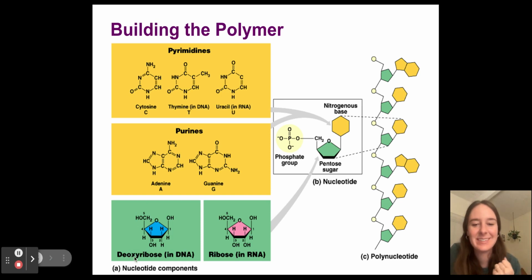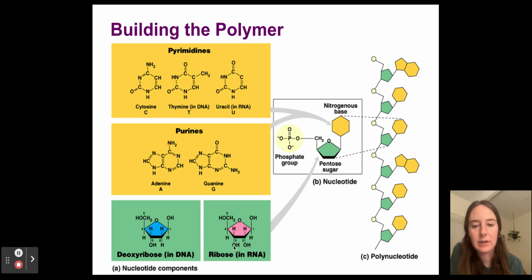Deoxy, less oxygen. Well, yeah, notice here on the second carbon, it's connected to just a hydrogen, whereas on the ribose, we've got our first carbon, second carbon, and then an OH. So ribose is a 5-carbon sugar that has an OH. Deoxy has one less oxygen, and that difference is the difference between DNA and RNA.